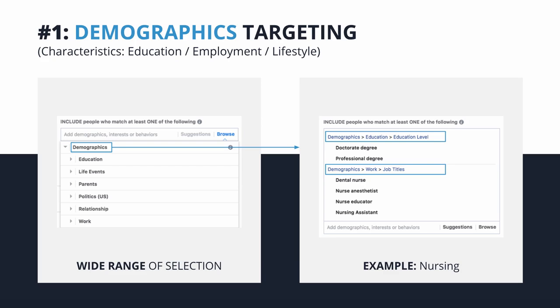So how would we target someone who would be interested in a bad credit car loan? Let's think about this. Perhaps we could target someone who is over the age of 30 who has not completed any kind of college education.